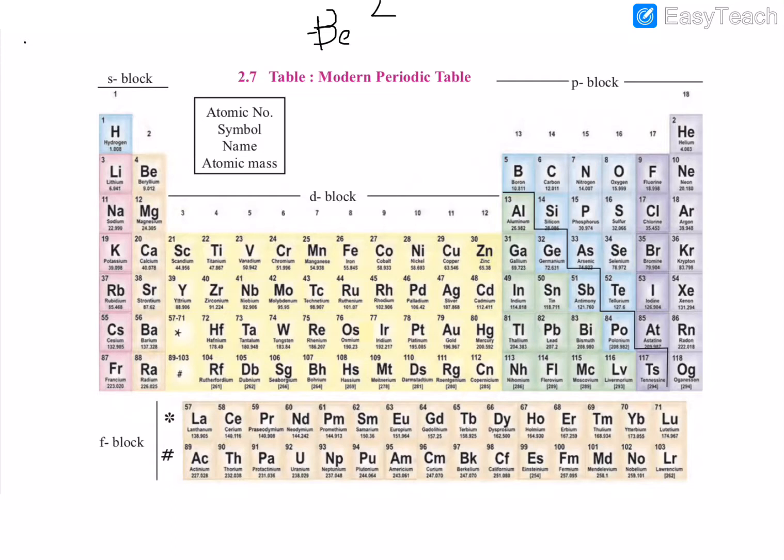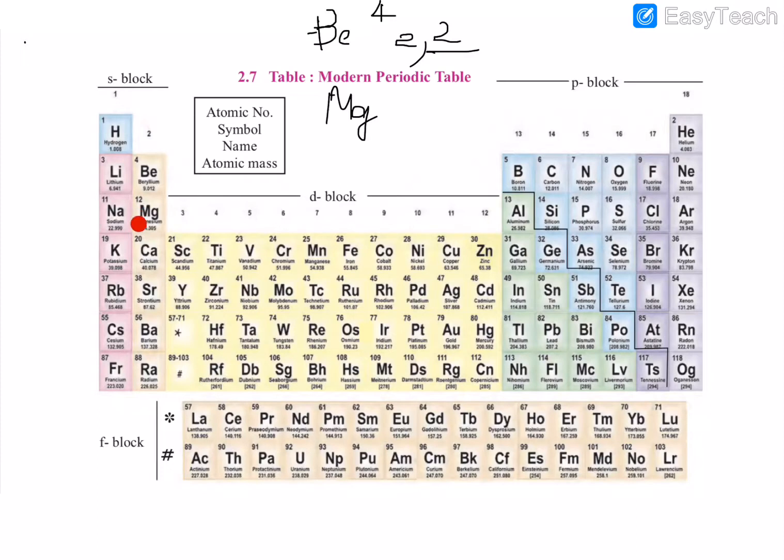The atomic number is 4, so the first shell contains 2 electrons, and 2 electrons remain. So 2, 2 is the configuration, and the number of electrons in the last shell is 2. Next is magnesium.